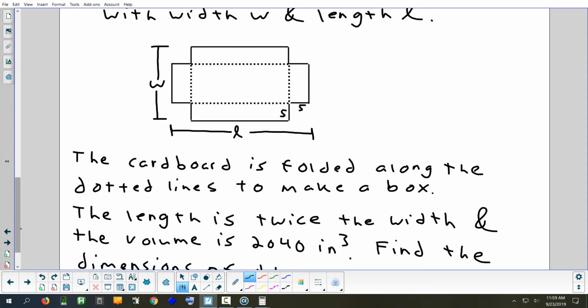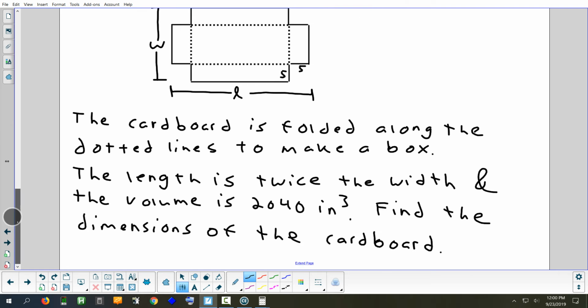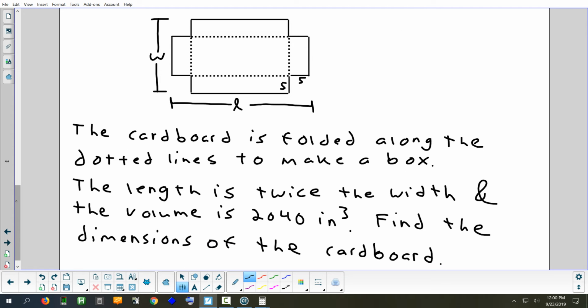Okay, and they tell me a couple things. The length is twice the width, and the volume is 2,040 cubic inches. Find the dimensions of the cardboard. All right, so what shape are we basically making when you fold up those sides, from geometry?